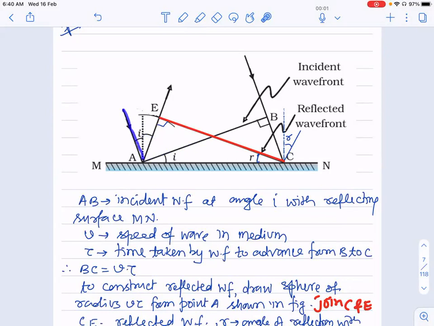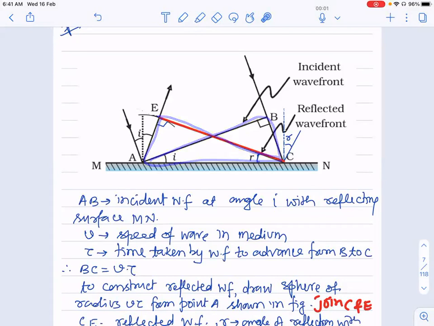यहाँ से देखो, this is 90, if this is I तो this will be 90 minus I, और ये नॉर्मल है फिर से, ऐसे ये भी R आएगा इधर का भी, ये R है, this will be 90 minus R, and again total is 90, so this will be R. So these I is equal to R, we have to prove equal. So these are the two triangles, they will be similar.